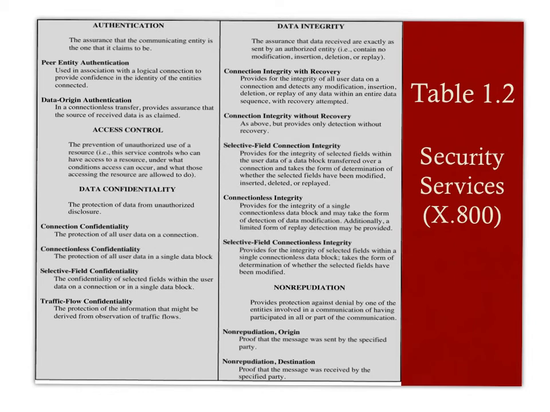So therefore, we divide the authentication into peer entity authentication, and that's when it comes to connection-oriented communication. So if you have connection-oriented communication, you initiate the connection, right? And then you send a stream of packets, and then you end the connection, right? So in that case, we need some authentication at the beginning, at the connection establishment.